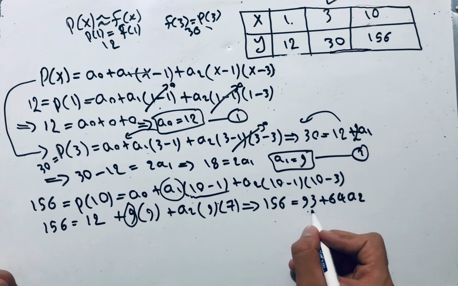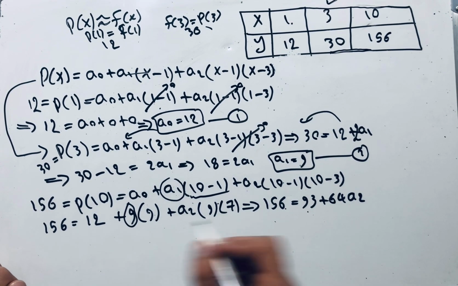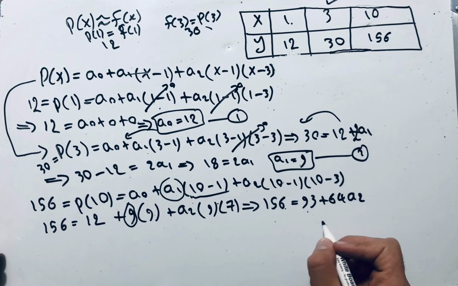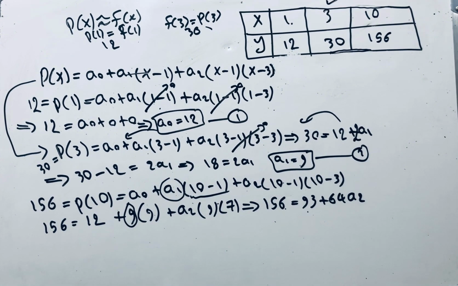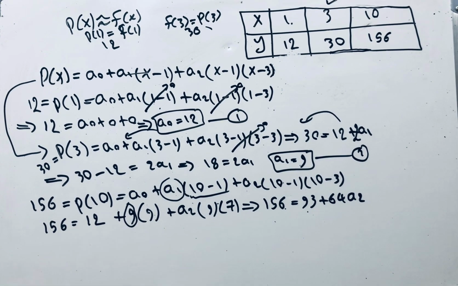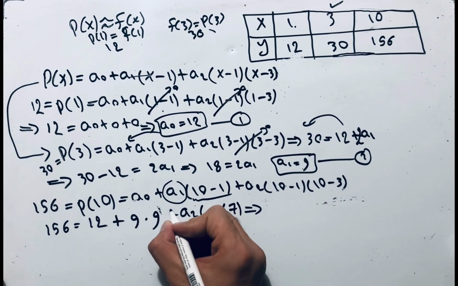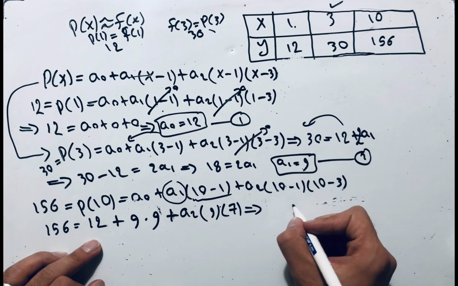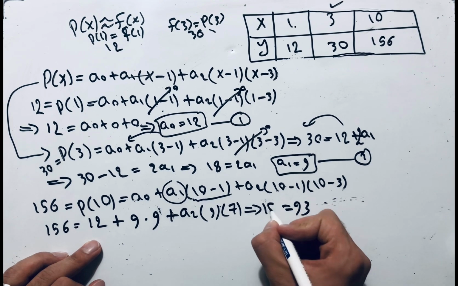Okay, now subtract this from that. Okay, so 9 times 9 is actually, we said it's 81. From here we said that 12 plus 81 is 93, 156.